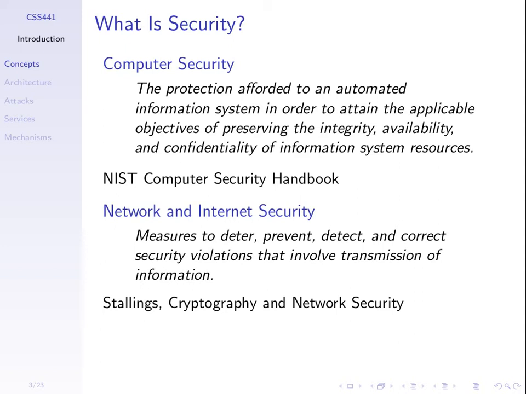So when we talk about network and internet security, we're not necessarily looking at stopping someone from accessing my laptop. We're looking at maybe stopping someone from reading information sent from my laptop to a server, the transmission of information and how to secure that.